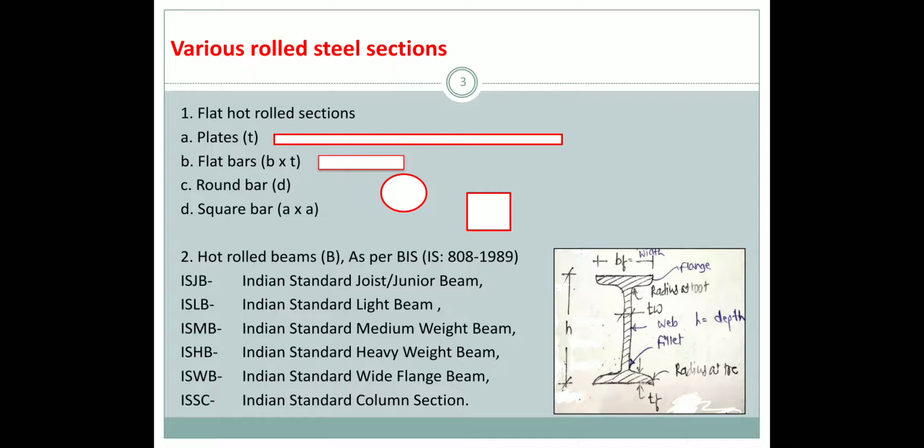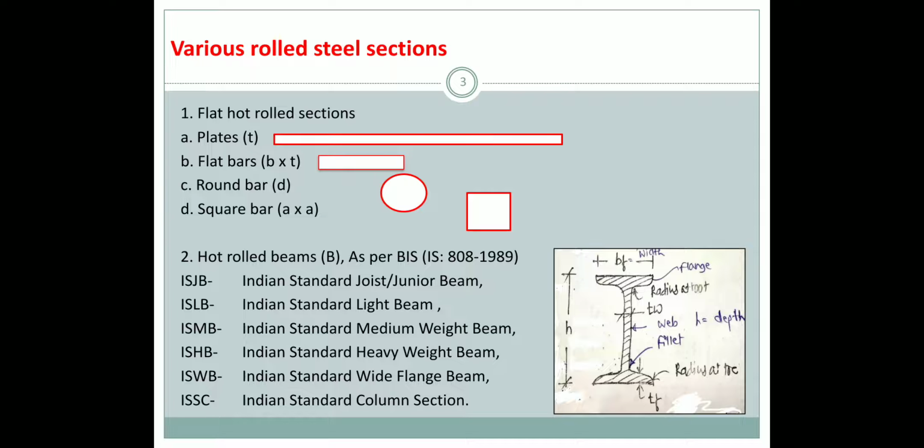In the first figure, part A shows a plate of very small thickness, where we take into consideration only the thickness of that plate. B is the flat bar, which has some width of the section as well as thickness. So for the flat bar we consider B into T.